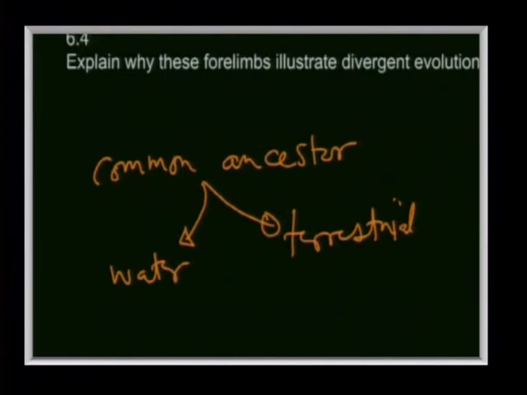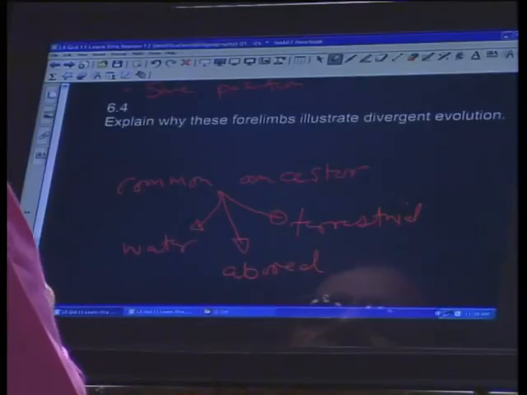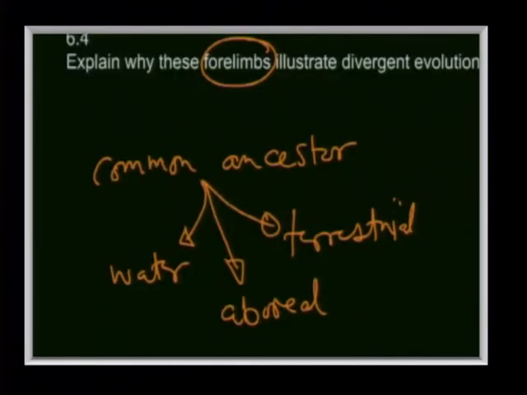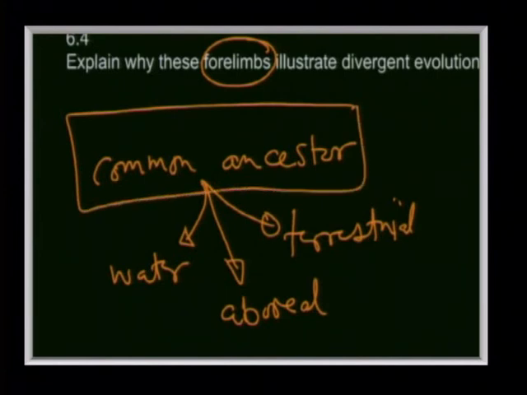Or if, for example, in the case of your birds that live in trees, that have an arboreal lifestyle, their fundamental structure would adapt to their lifestyle. So basically, answering the question, the forelimbs illustrate divergent evolution because they come from a common ancestor, and from the common ancestor they get the common or fundamental structure that's similar, which then just changes slightly depending on the environments in which they live.